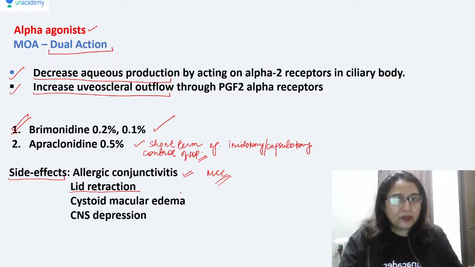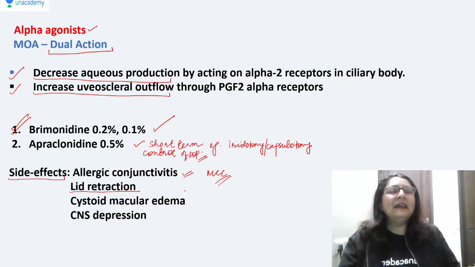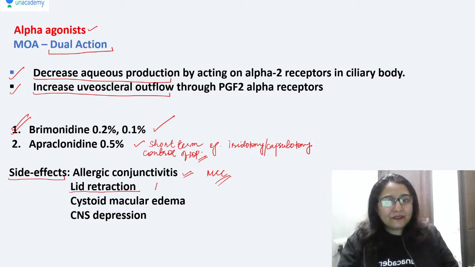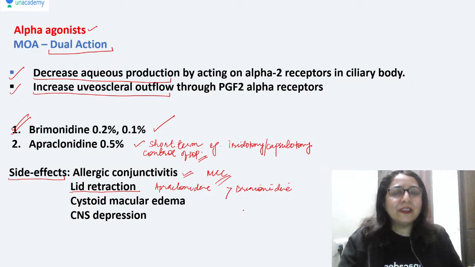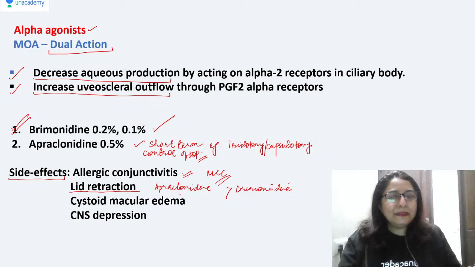This is a very peculiar side effect with alpha agonist. Lid retraction is more prominently seen with apraclonidine than with brimonidine.